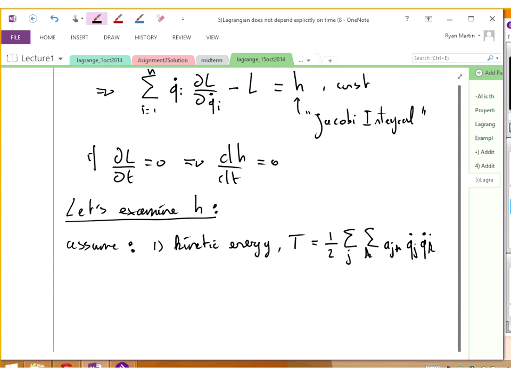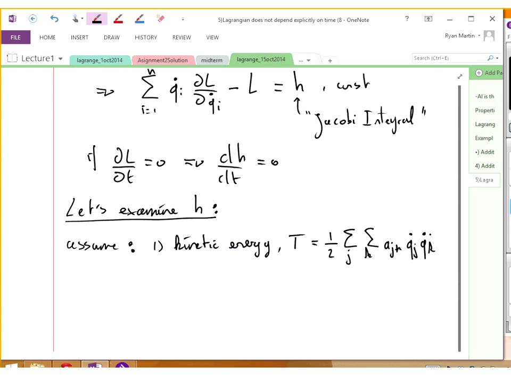So assume specifically that the kinetic energy has this form. And that's true in most cases, and in fact you did that again in assignment 1, or assignment 2, the first question, where only in the last case that was not true. So for well-behaved coordinate systems, the kinetic energy only depends on the coordinate velocities squared or multiplications of the coordinate velocities.